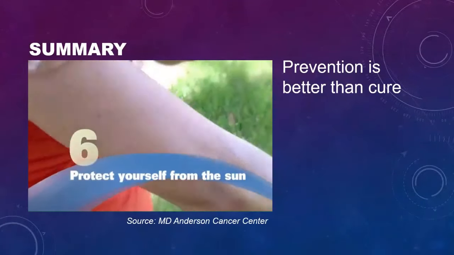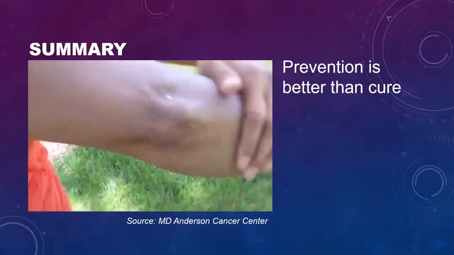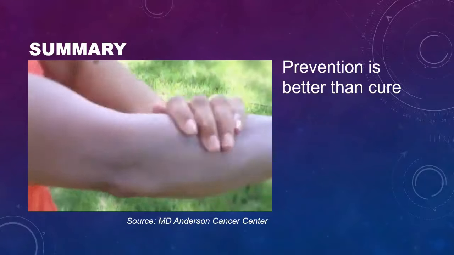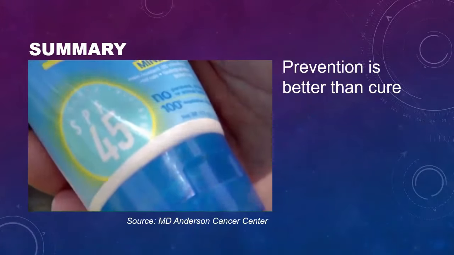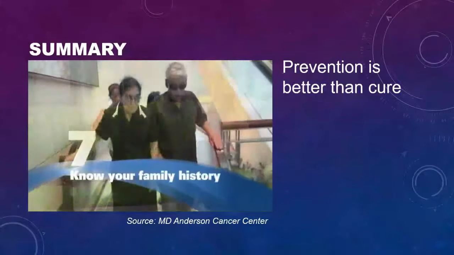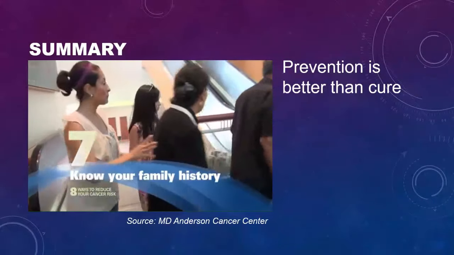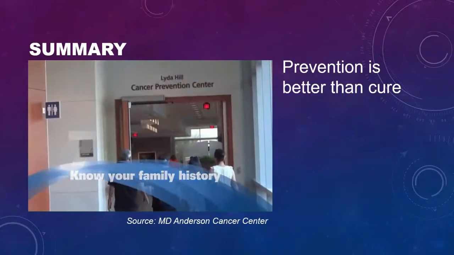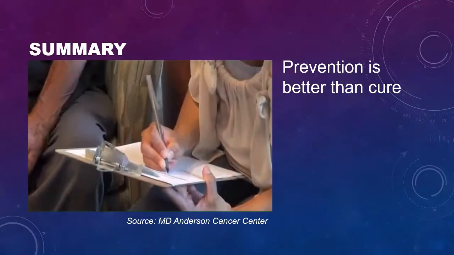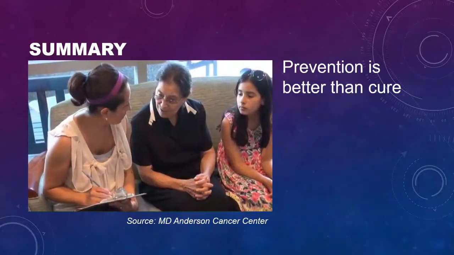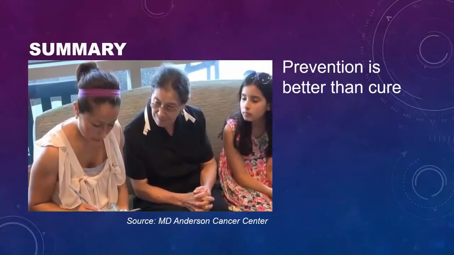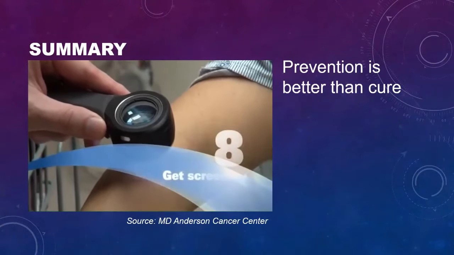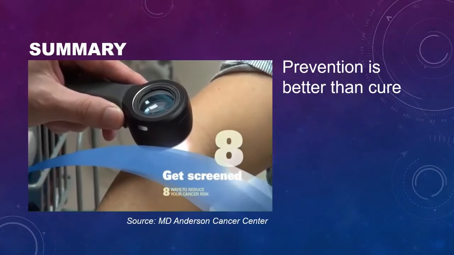and eliminate tanning bed use. If you must be in the sun, use sunscreen with SPF 30 or higher. If you have a family history of cancer, you may be at increased risk. Talk to your family about their medical history so your doctor can assess your risk and help you take precautions against cancer. Screening exams help detect cancer early when it's most treatable.